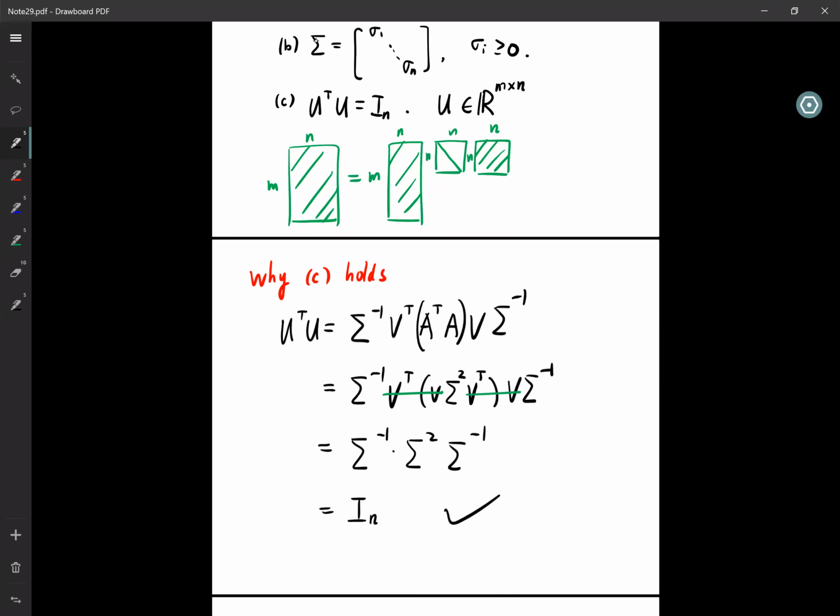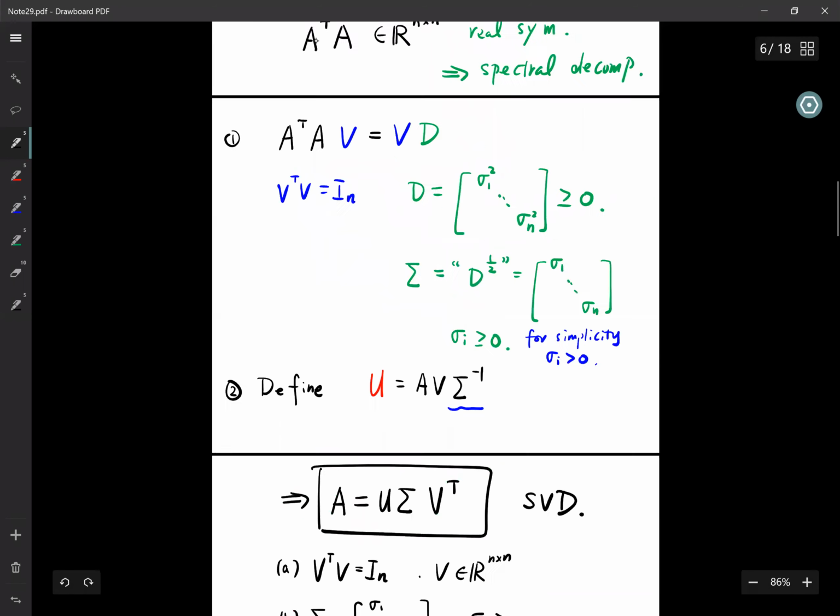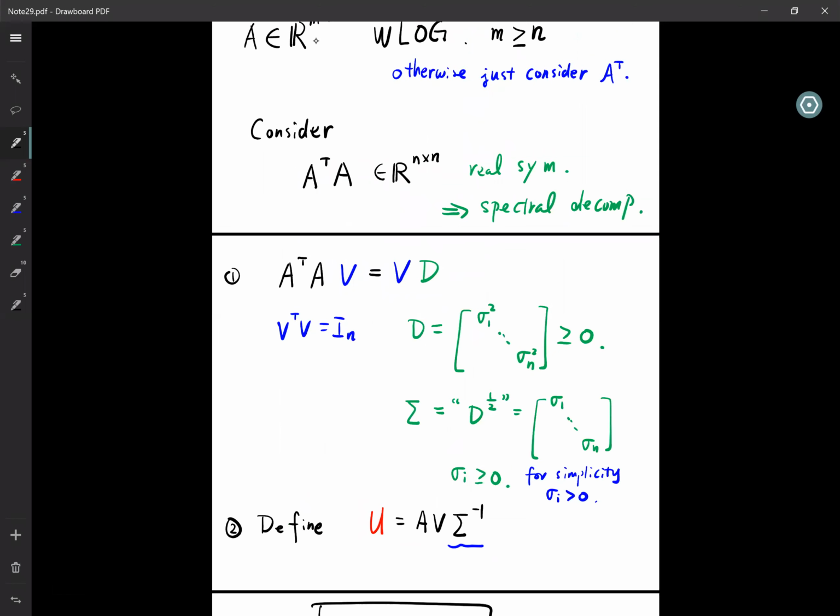But why is the diagonal matrix with the sigma squared values, why are those all positive? Okay. So the question is why this D matrix, with sigma 1 square through sigma n square, is all positive. So this one we have to take as a fact for now.